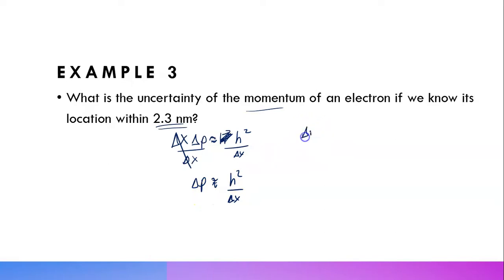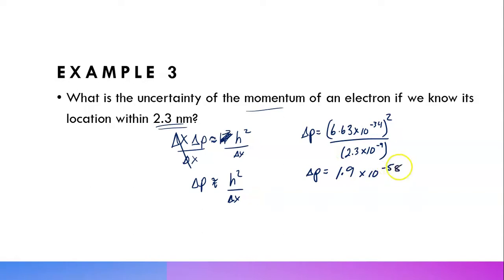So delta p is 6.63 times 10 to the negative 34 joule seconds, squared, divided by 2.3 nanometers, or 2.3 times 10 to the negative 9 meters, which gets you an uncertainty of momentum of 1.9 times 10 to the negative 58.